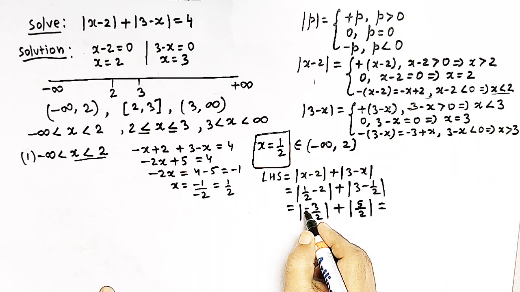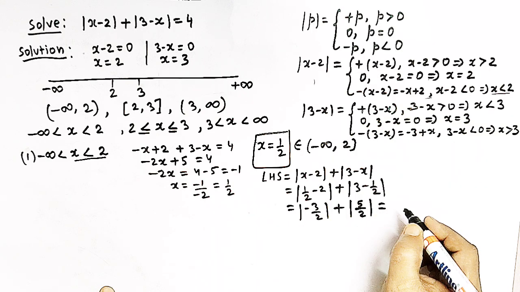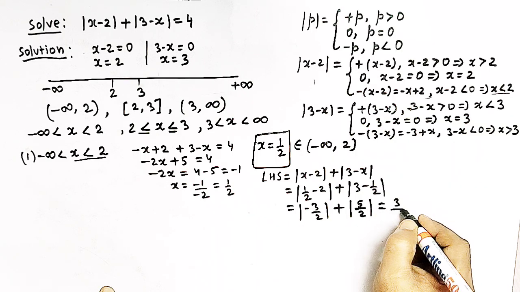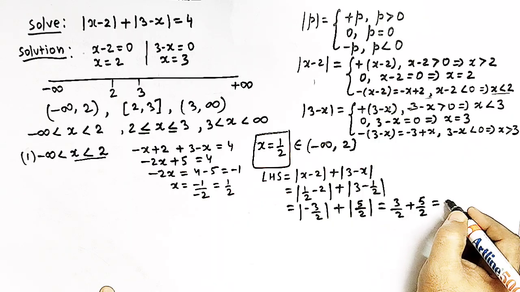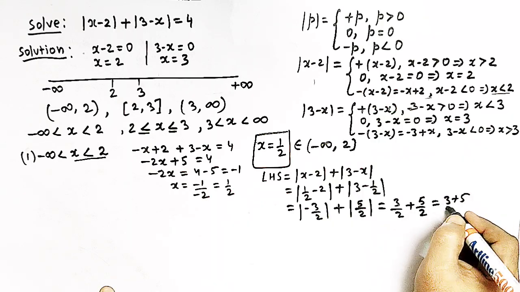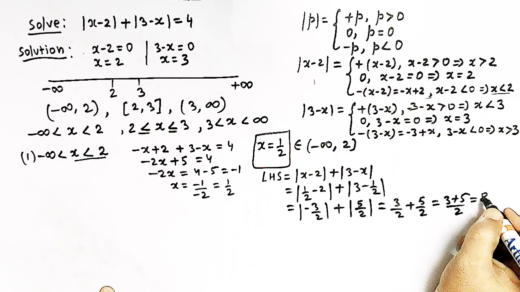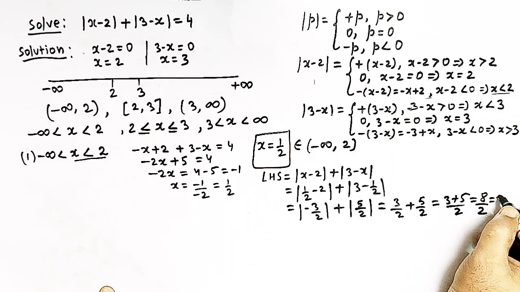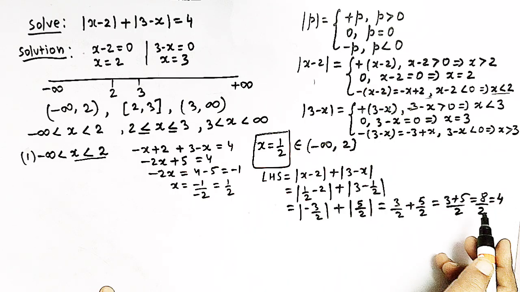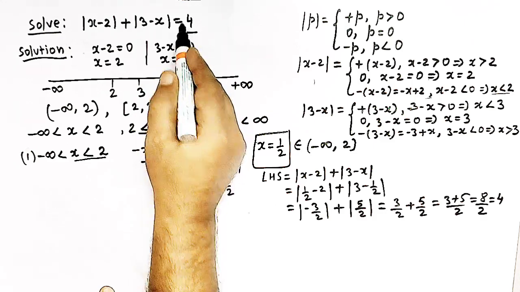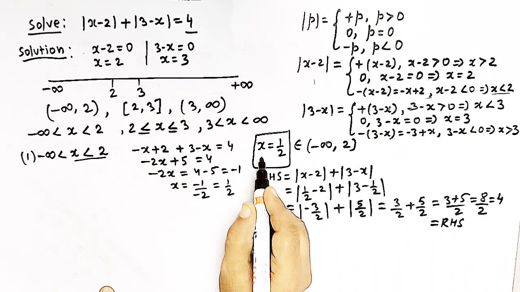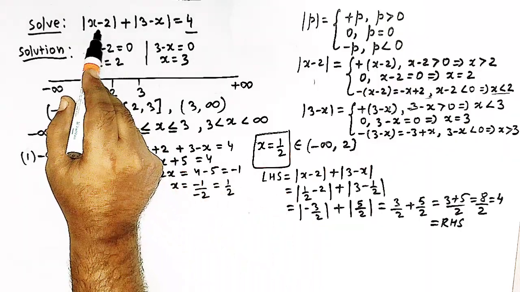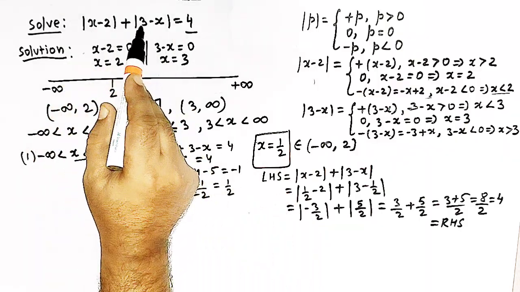So mod of negative 3 over 2 is plus 3 over 2, and here we have 5 over 2. So we have 3 plus 5 over 2, that is 8 over 2, that is 4, right? So here we have the right hand side, right? So x is equal to half is a solution of this equation.